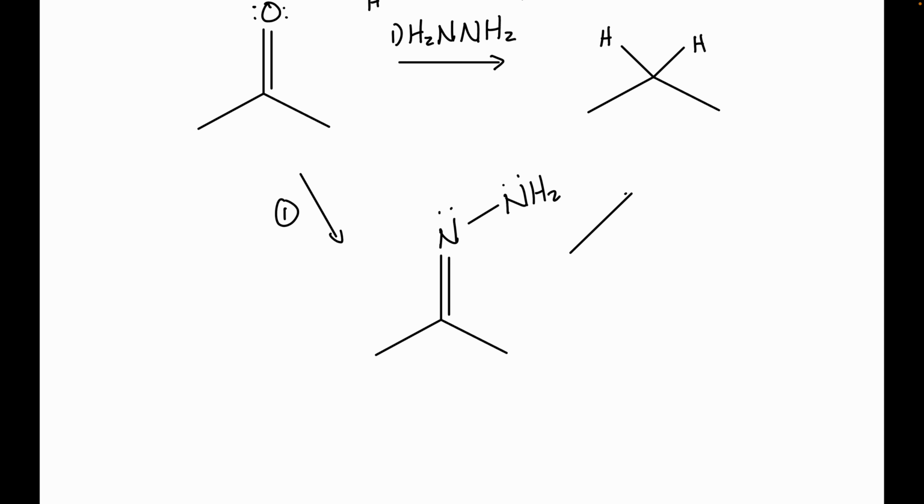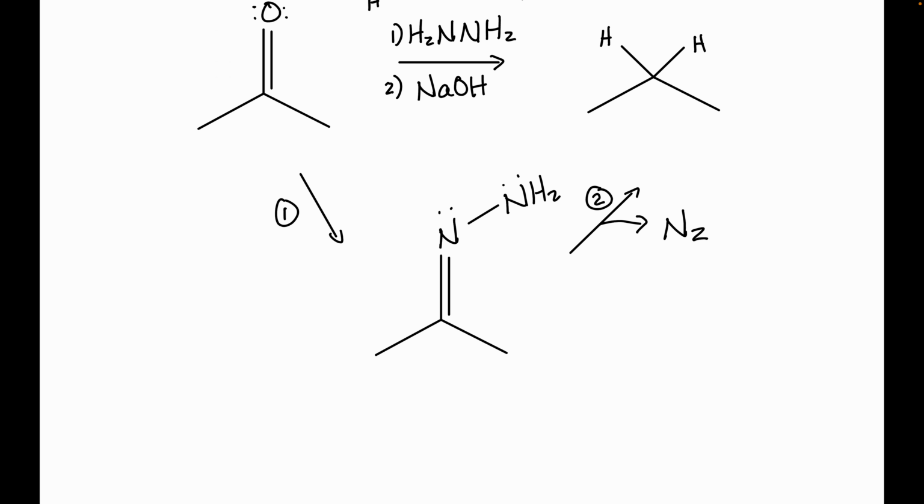All right, now in the second step, we're going to add in sodium hydroxide. We're not really going to do our mechanism here, but suffice it to say that the sodium hydroxide pulls these hydrogens off of this nitrogen over here, allowing the nitrogen to react with itself and come off as N2 gas.